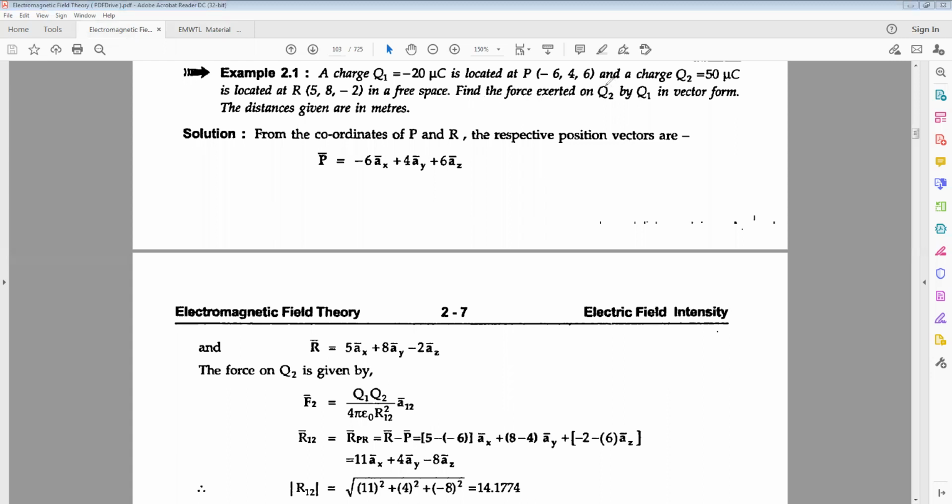Find the force exerted on Q2 by Q1. They're asking to find the force exerted on Q2 by Q1.